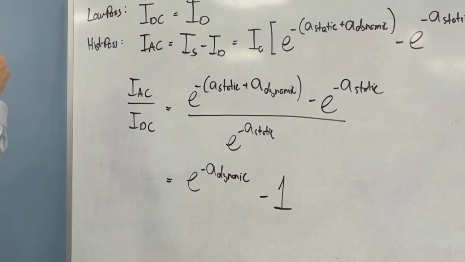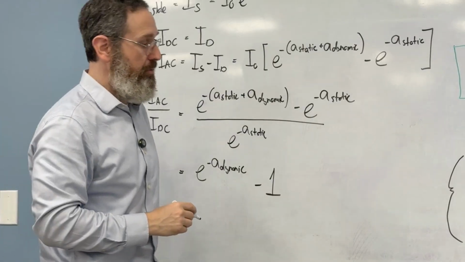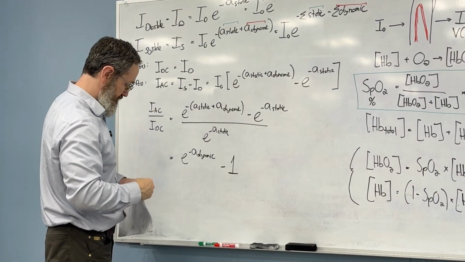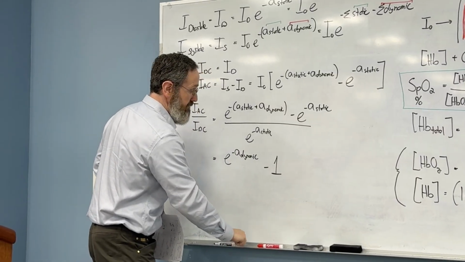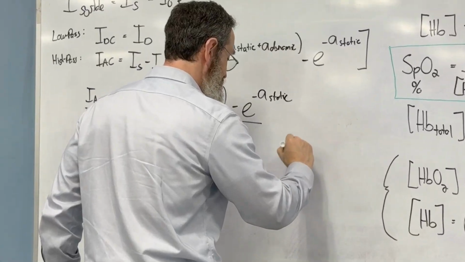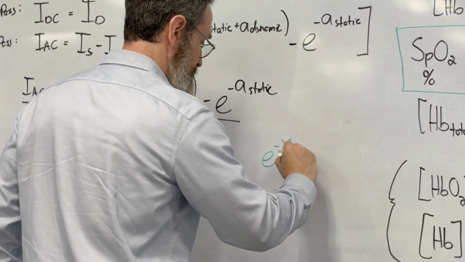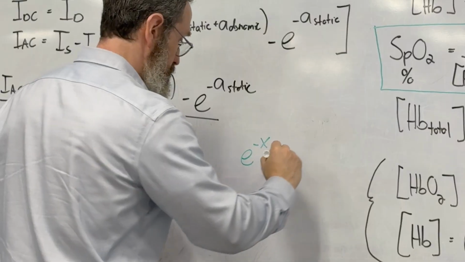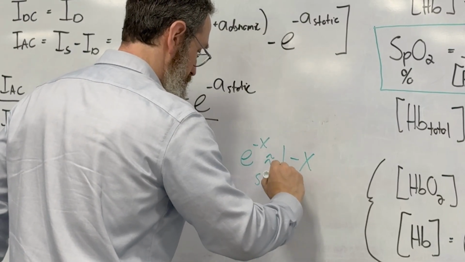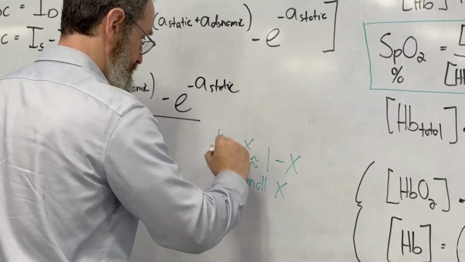Okay, now there is a little identity we now apply, which I'll put in green, which is that e to the minus x is approximately equal to 1 minus x for a small x.